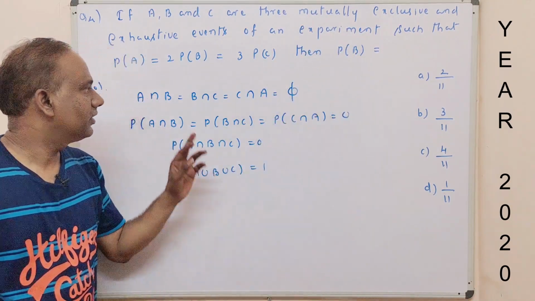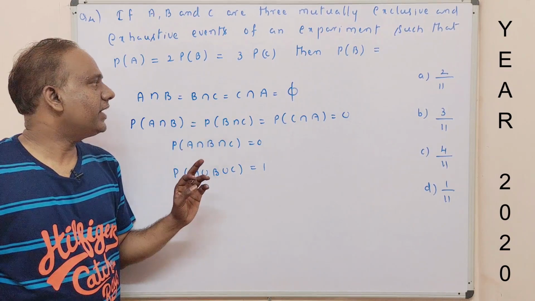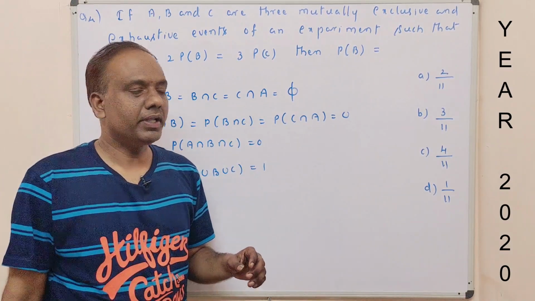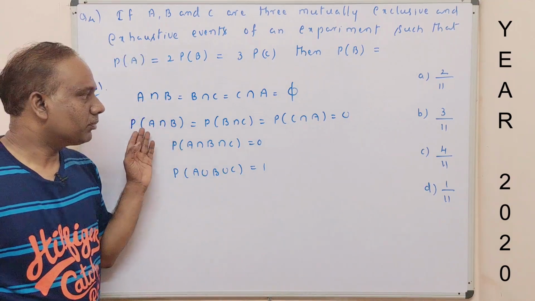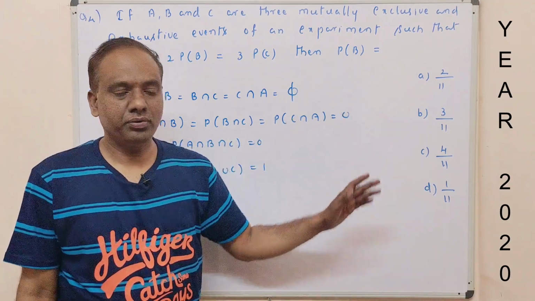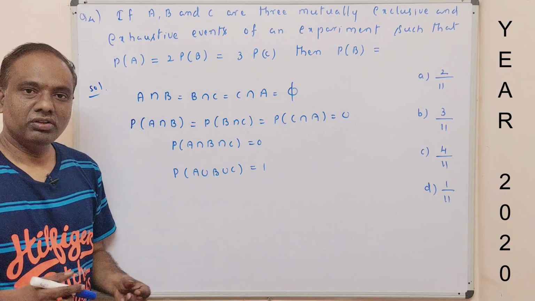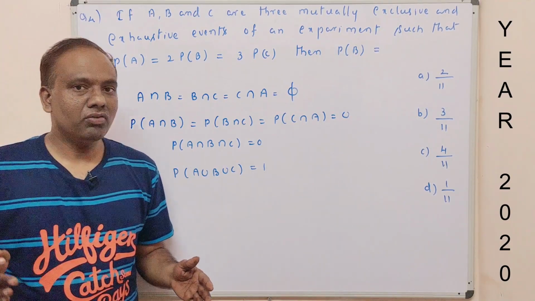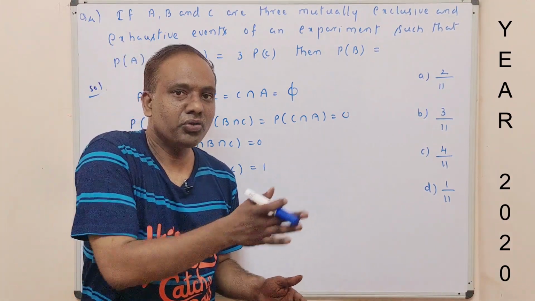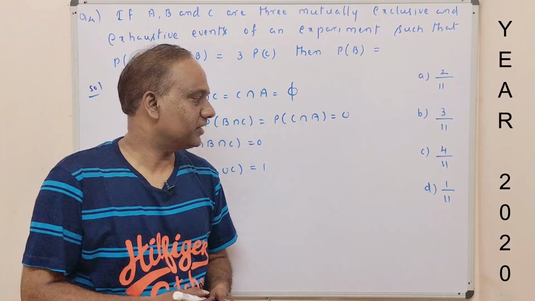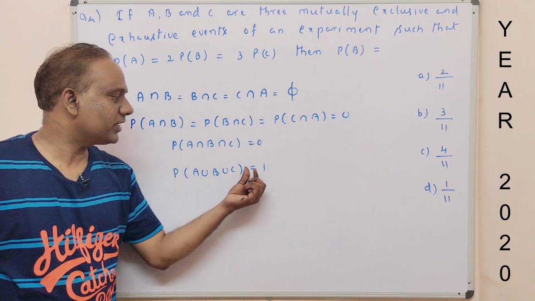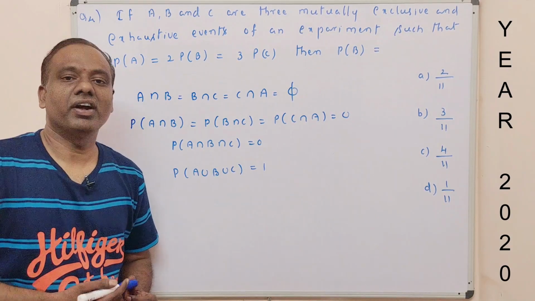In this case, A intersection B and B intersection C and C intersection A is equal to empty set, and that means that probability is also 0. And actually exclusive and exhaustive means sum of all the events is equal to universal set. That is also one condition.